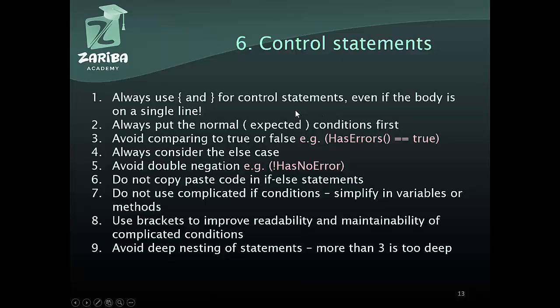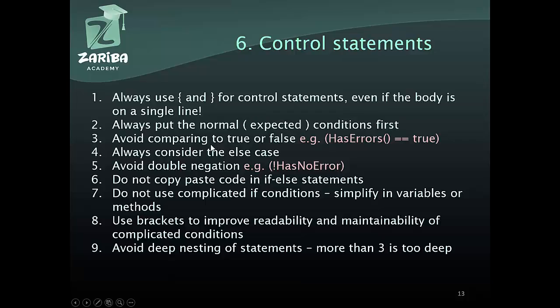Don't start with the one that is really unlikely to happen. So if file.checkForErrors is true, then do the try and catch and so on, whatever you want. Always try to assume when you do the if checks the most normal or expected one first.